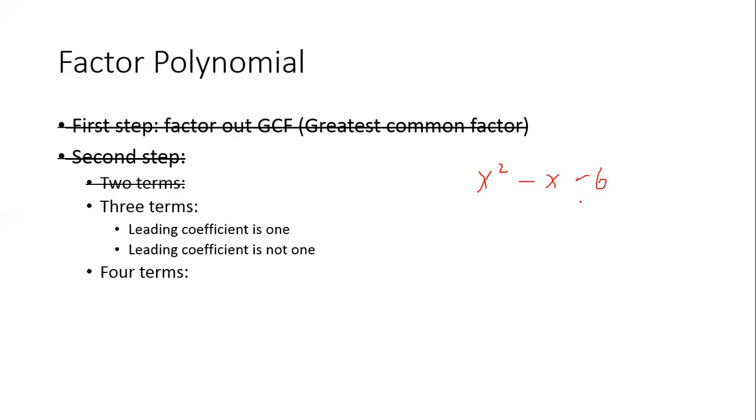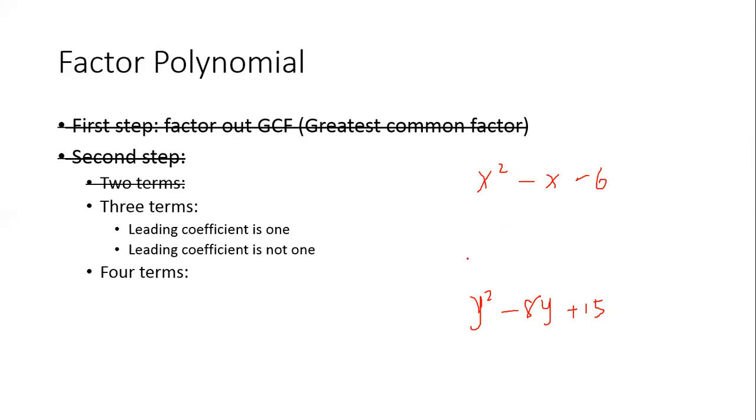Or it could be using a different letter. It doesn't matter, x, y, or a or b. Y squared minus ay and plus 15. So it could be something like that. That is called 3 terms.